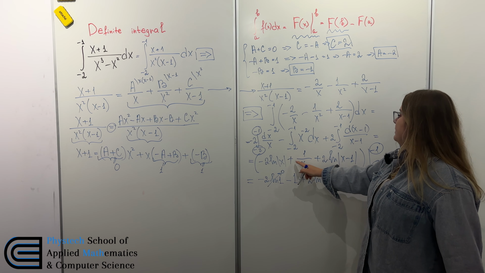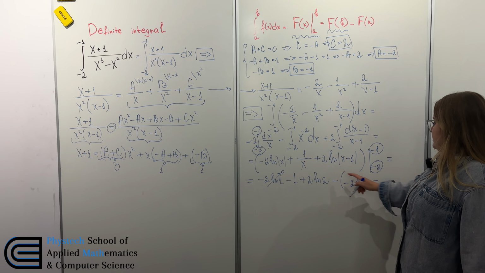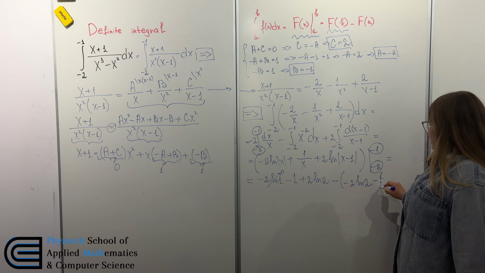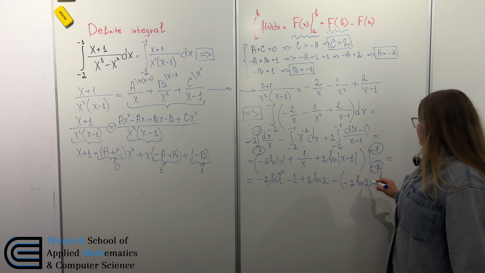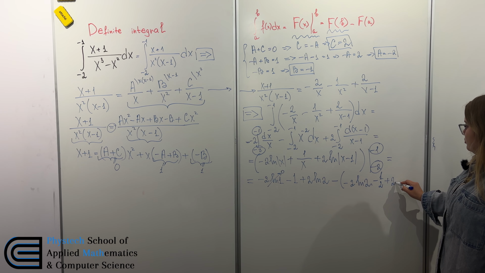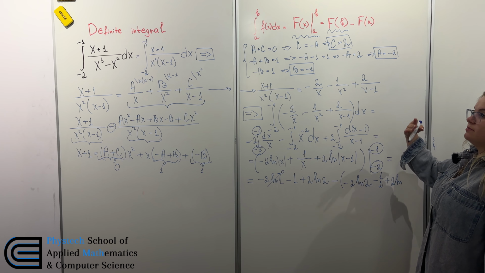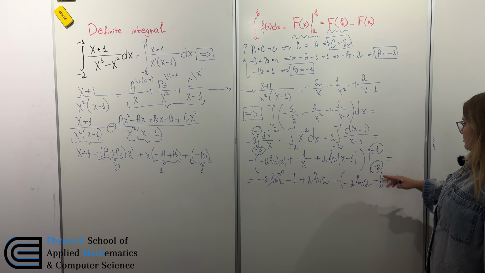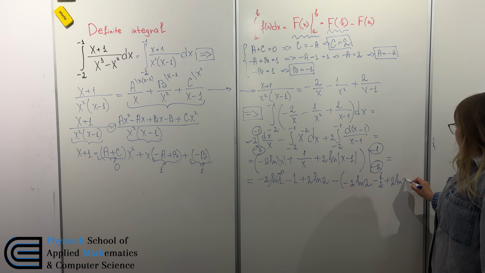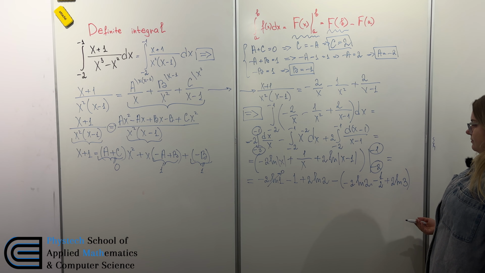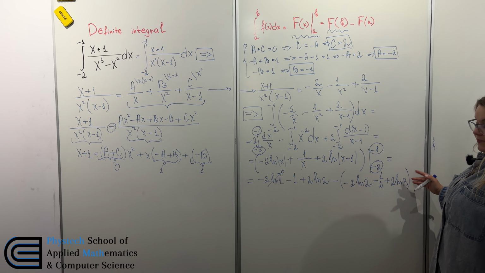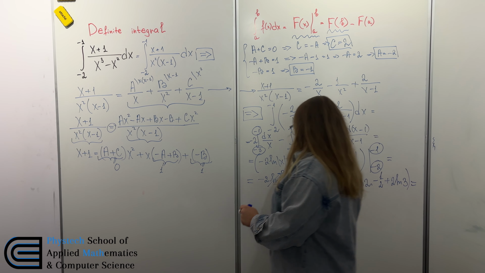Then plus and minus gives us minus 1 divided by 2. And then we have plus 2 logarithm of absolute value of -2 minus 1, which gives us -3. And we have absolute value here, so here we have 3. So it's a number.